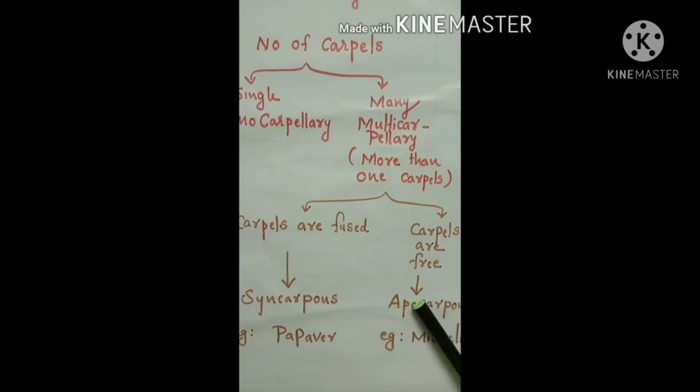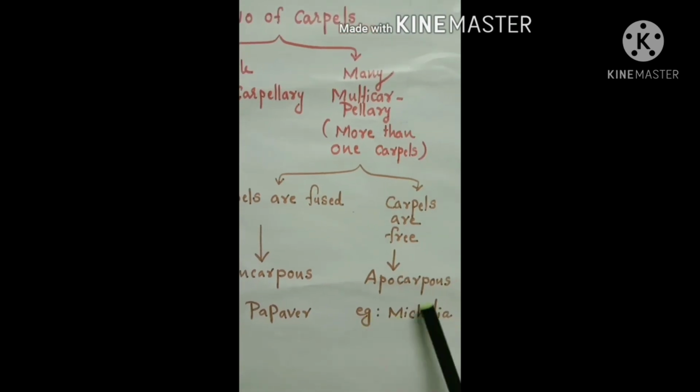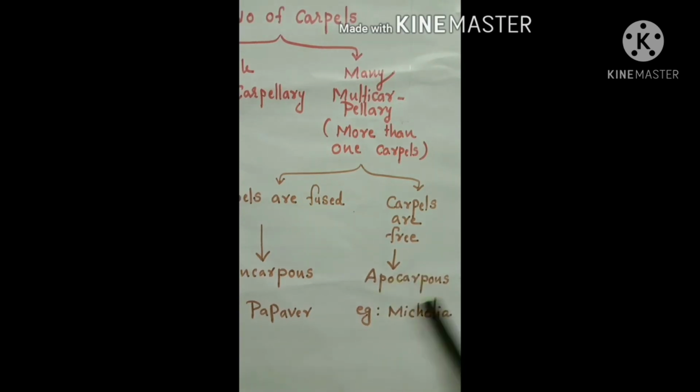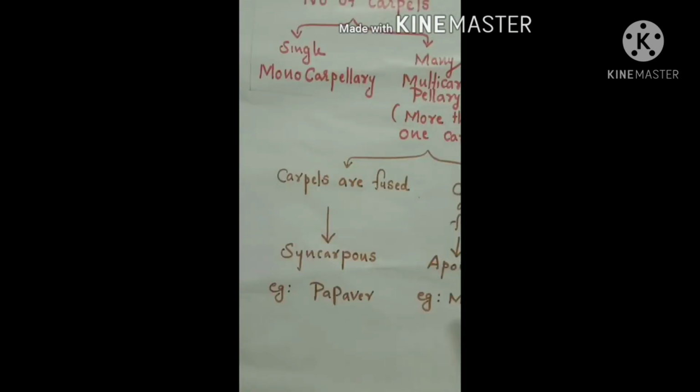In apocarpous, the carpels are free, not united. That condition is called apocarpous. An example for an apocarpous plant is Michelia. Its Malayalam name is Chembagam, which is familiar to you. Apocarpous, example Michelia, and syncarpous, example Papaver.